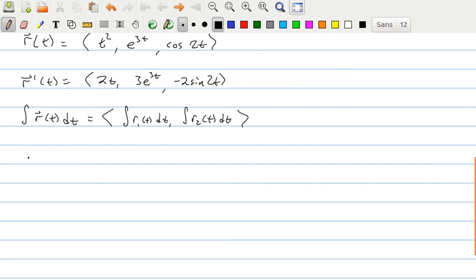Let's say we've got, let's do a motion problem. Let's say we've got our acceleration is given by, say, negative 9.8.